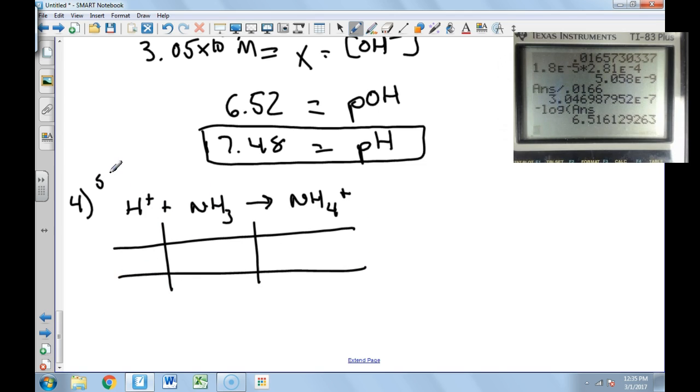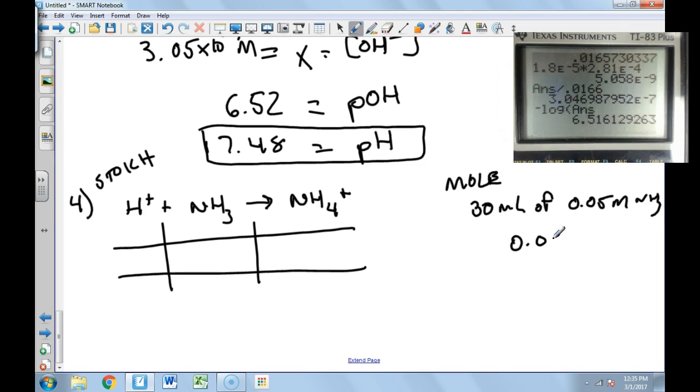This is our stoich, and remember our stoichiometry ICE chart is done in moles. So our mole calculations over here, we still have the same 30 milliliters of 0.05 molar NH3. So that's still going to be 0.0015, right? 0.0015. What's going to change is this. For HCl, we have 60 milliliters of that.